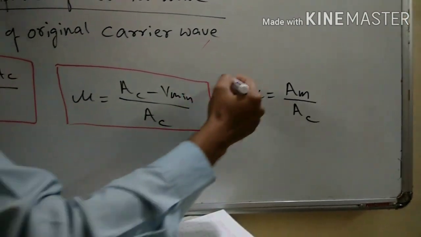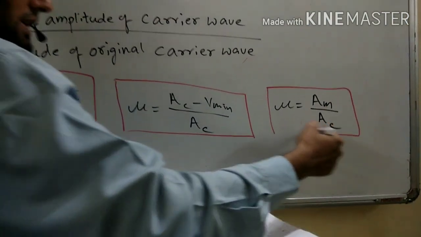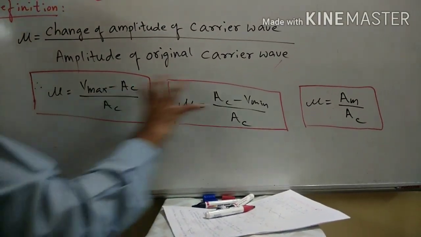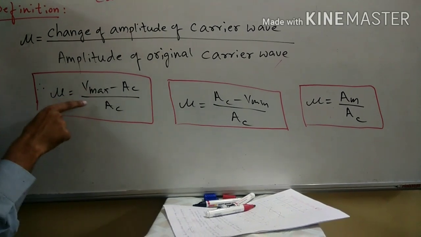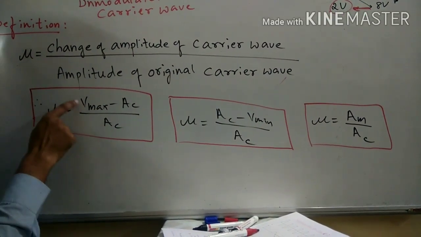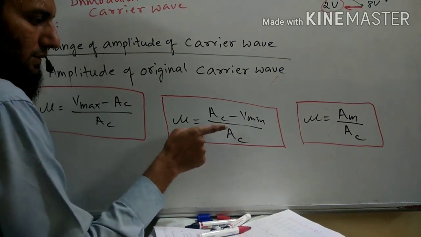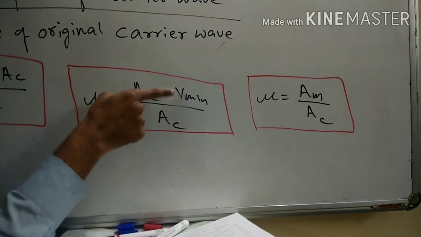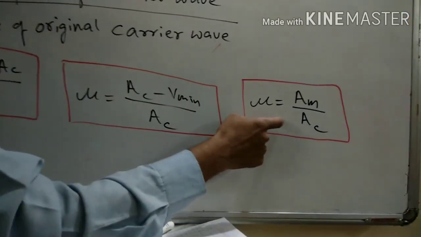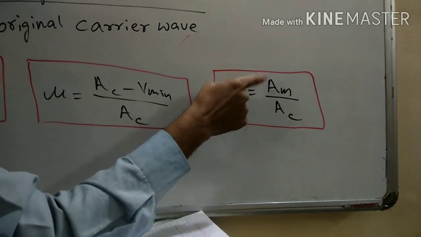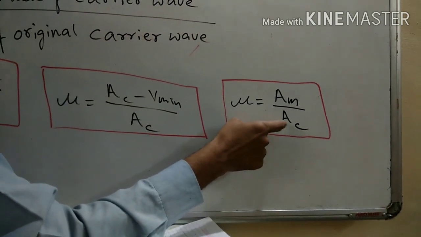So these are the three expressions for modulation factor. If you look at these three expressions, this one is in terms of the original amplitude of the carrier wave and V maximum. This is in terms of the original amplitude of the carrier wave and V minimum, and this one is in terms of the amplitude of the message signal and amplitude of the carrier wave.